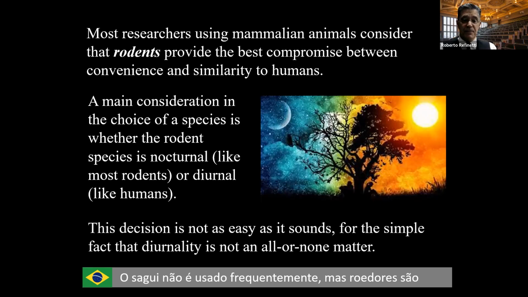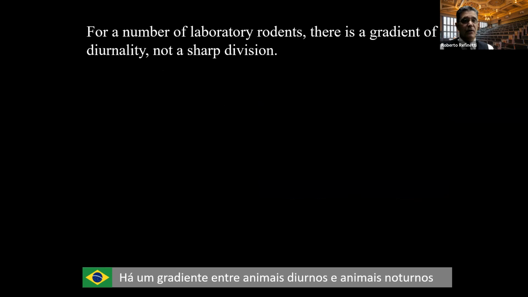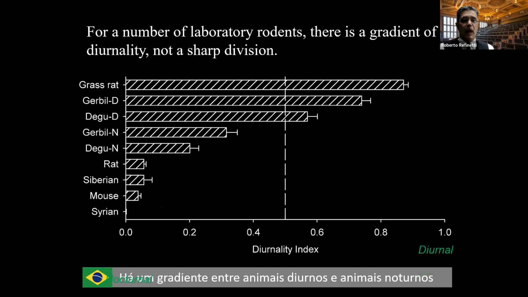This decision is not as easy as it sounds, for the simple fact that diurnality is not an all or none matter. So let me start by showing you some of my own data here. For a number of laboratory rodents, there is a gradient of diurnality, not a sharp division.